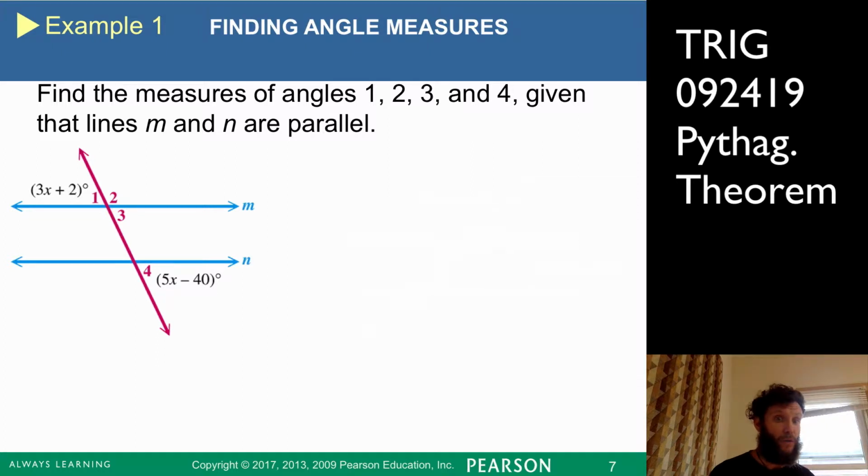Yeah, well, we know 1 equals 4 because m and n are parallel, and the transversal is cutting across. Yep, that's right. And so that would be 2x equals, or minus 2x equals 38. So x equals 19, I think.